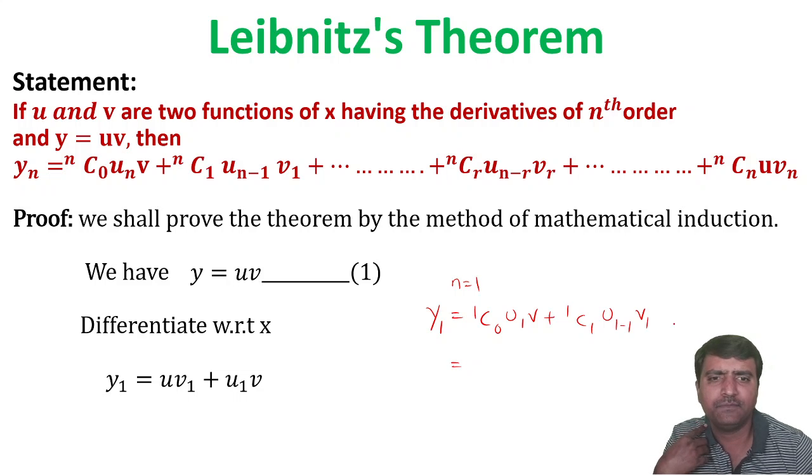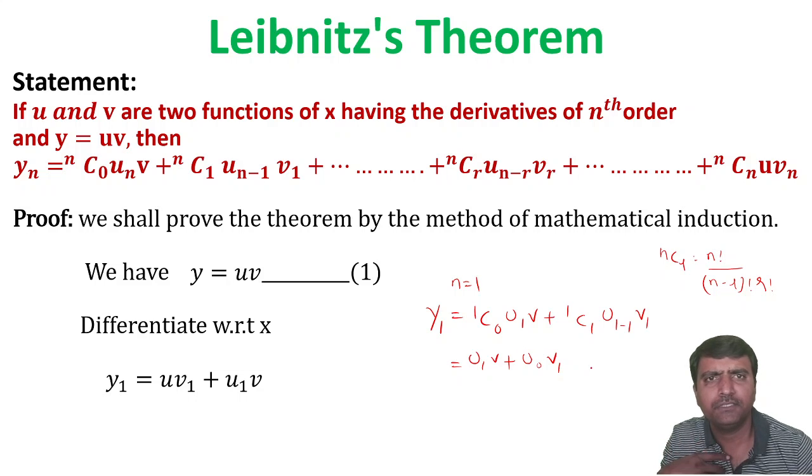You know the nCr formula: nCr equals n factorial divided by (n minus r) factorial into r factorial. Substituting n is 1, r is 0, it gives 1, and 1C1 also gives 1. So what remains is u_1 v plus u_0 v_1.